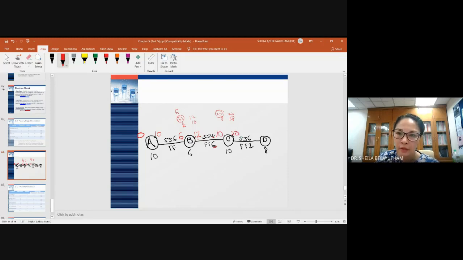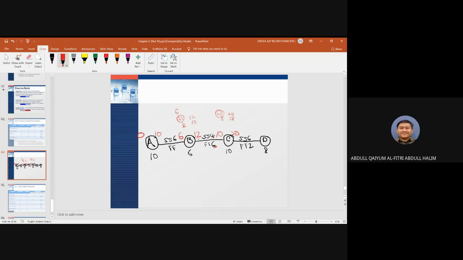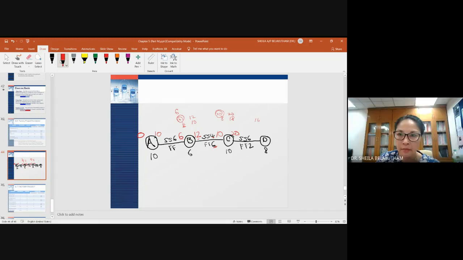And for activity D, what is the answer that you got? 16. Okay, so first relationship start 6. Activity C start 10 plus 6, activity D will start by 16. Plus 8, you get 24. The other relationship is finish to finish 2.